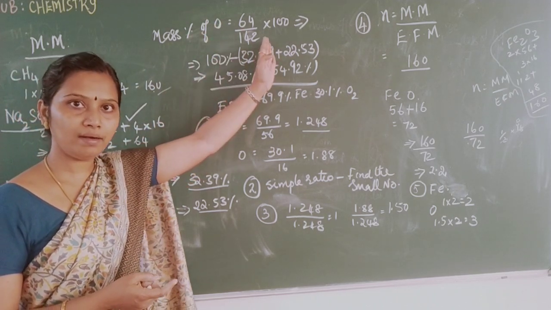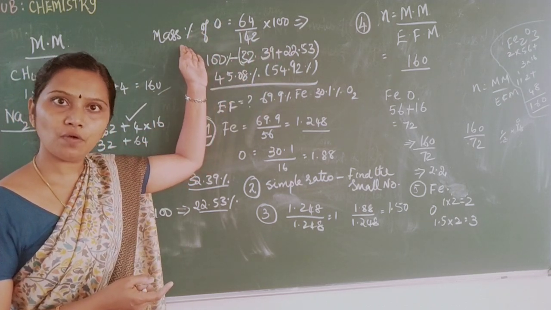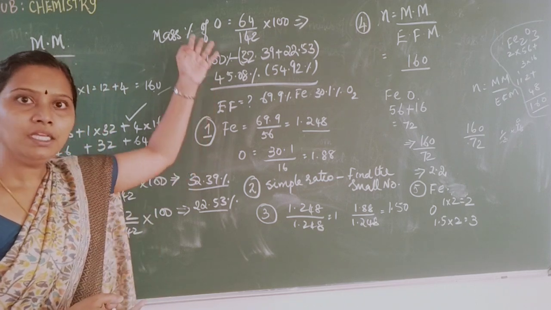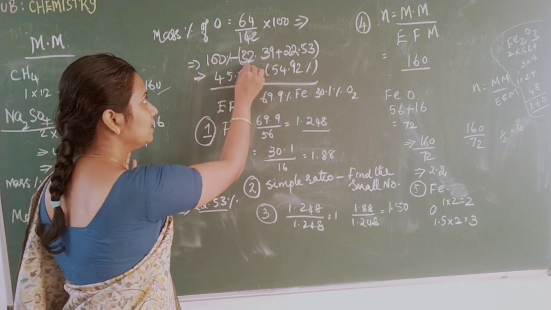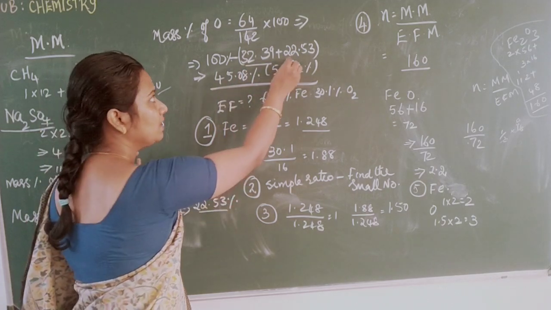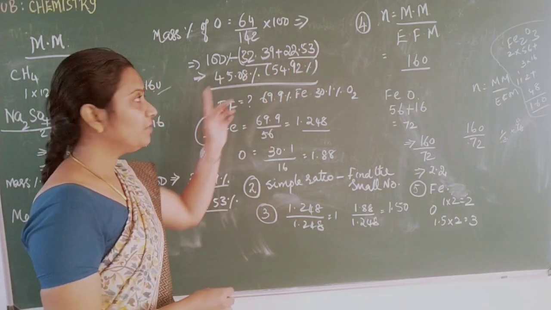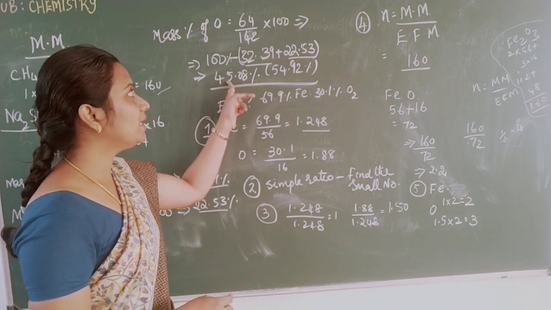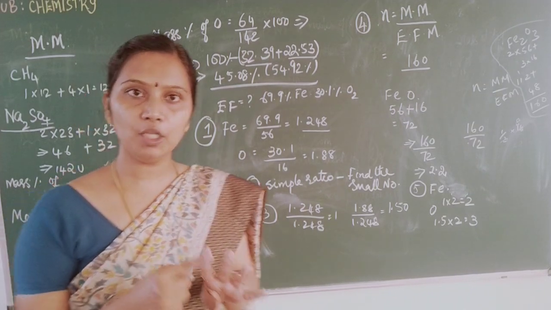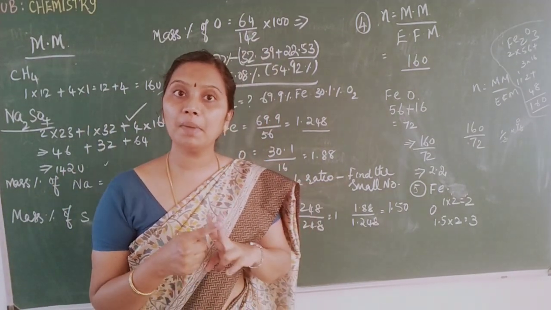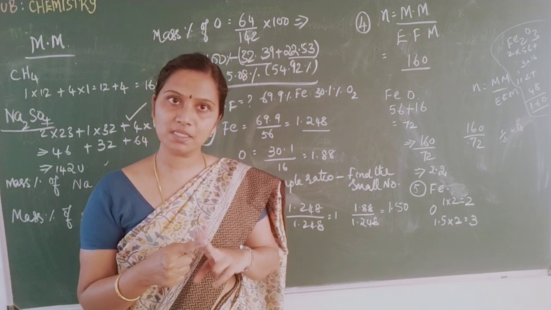One more thing, if you don't want to skip this procedure, just 100% minus this, the mass percentage of sodium, and this, the mass percentage of sulfur. If I subtract these two, then I will be getting the mass percentage of oxygen. Okay. So you know how to calculate molecular mass, you know how to calculate the mass percentage of individual elements present in a compound. Done.